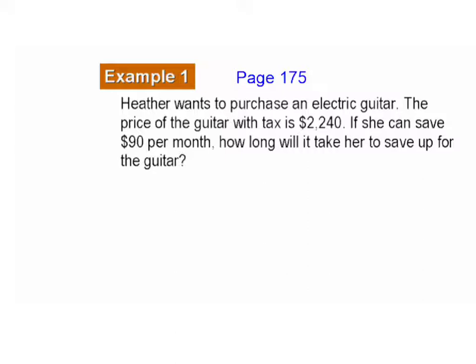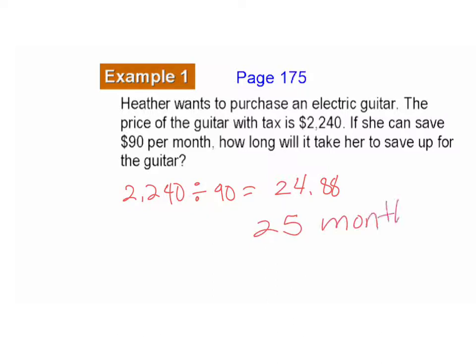If you take $2,240 and divide by 90, what you end up with is 24.88 months. So basically 2 years and a month, 25 months. Get that down and we'll proceed to the next slide.